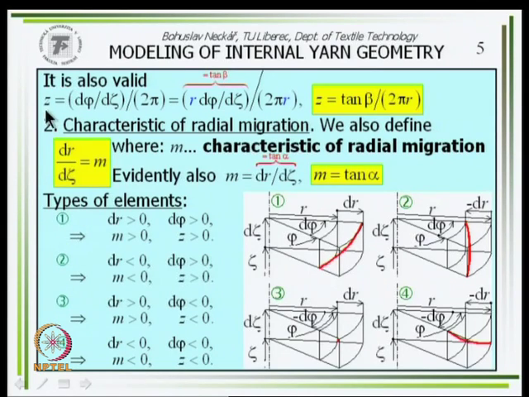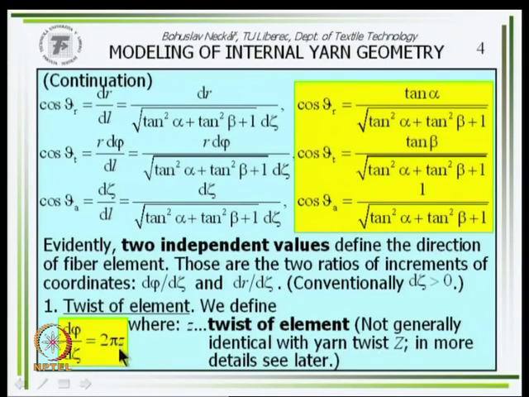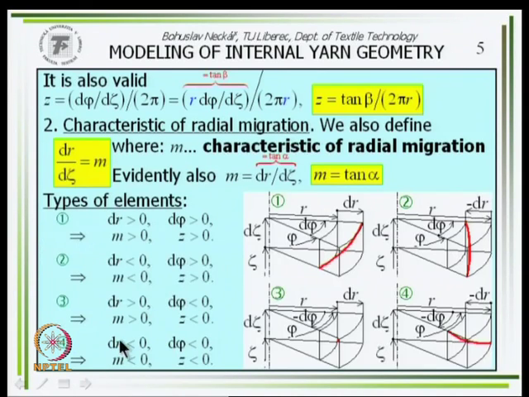So from this defined equation, z is d phi by d zeta divided by 2 pi. We can multiply and divide by the blue value r, and this was tangent beta. So z is tangent beta divided by 2 pi r.